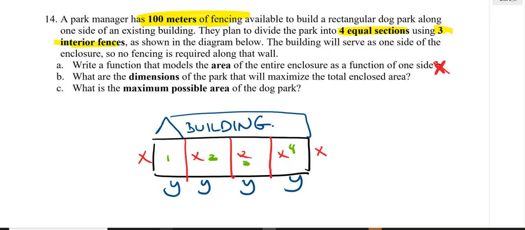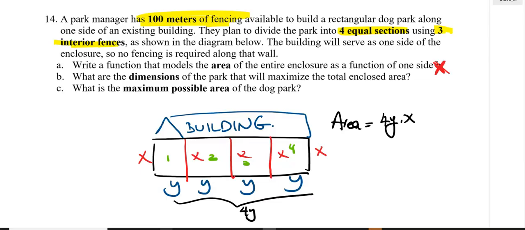First of all, we have 4y times x. That will be the area, because this is 4y times x. That's the whole area.